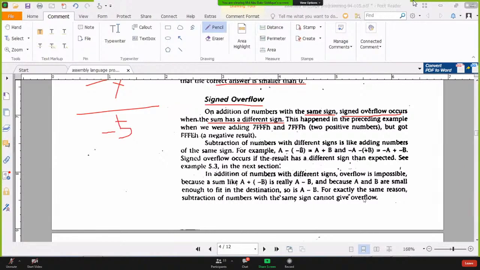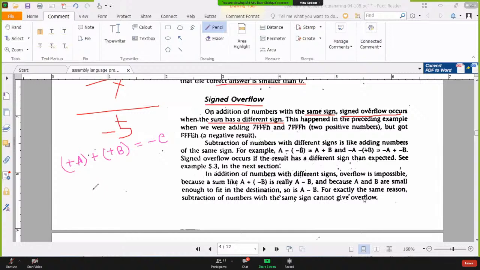Suppose you have a positive number. We saw the example for positive plus positive. Positive A plus positive B, and you get negative C as the result.